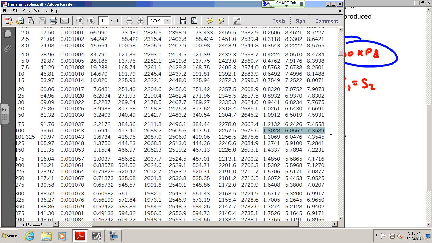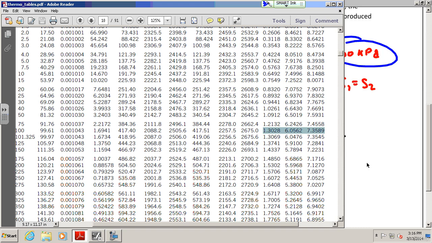The first number there is saturated liquid. The last number there is saturated vapor. So is my number between those two numbers? Yes. 6.9583 is right between those two high and lows, right? So this is good. I found the right thing.